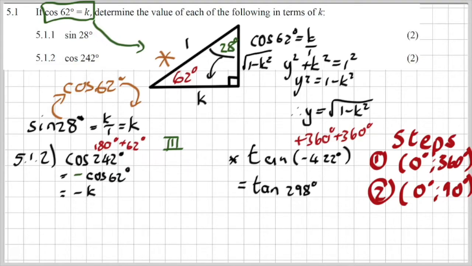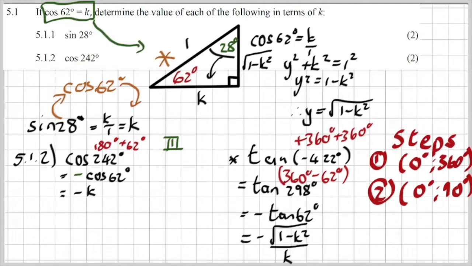If I simplify this, now my angles are between 0 and 360. If I reduce this, I'm going to use 360 minus, because it's in the fourth quadrant, which gives me tan as being negative tan of 62 degrees. And this is where the power of the triangle comes in, because from 62 degrees, I can use opposite over adjacent.